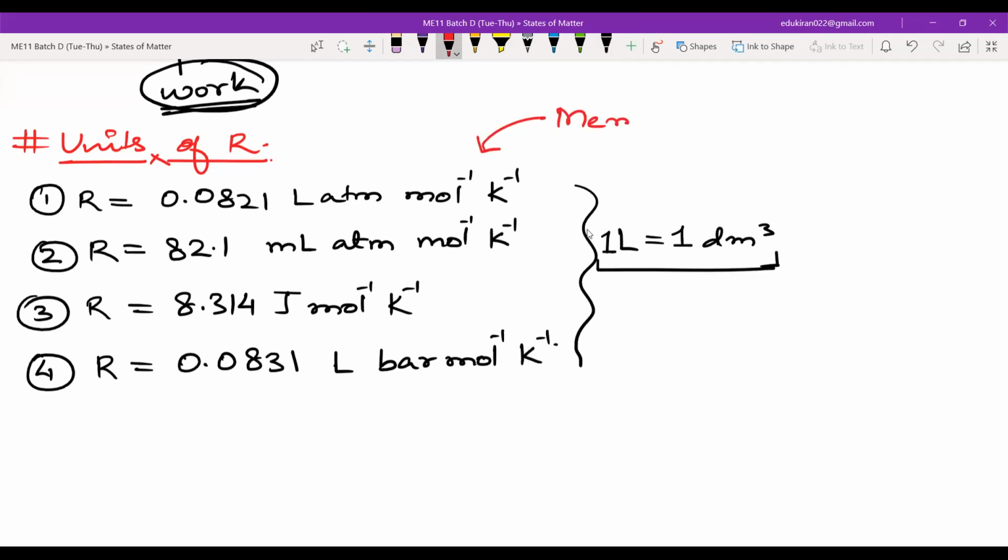You have to memorize with units, but you can ignore the per mole per Kelvin because it is the same everywhere.